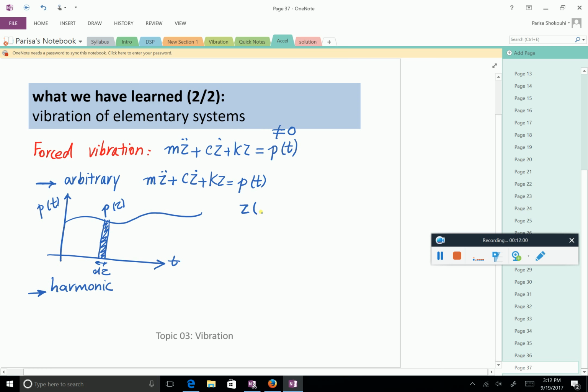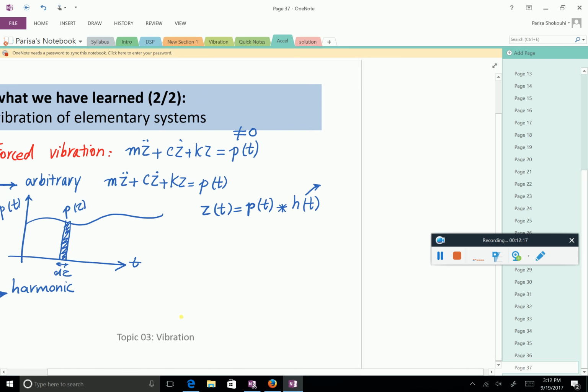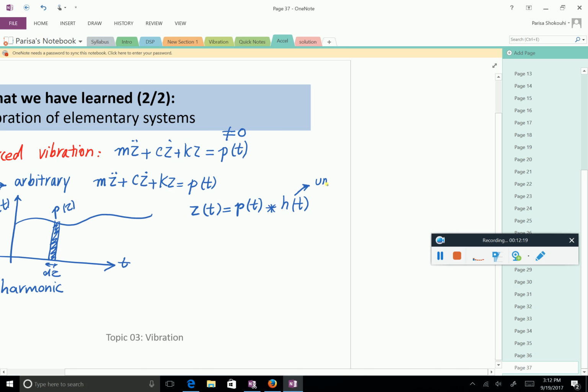So basically the response at the end would be a convolution between your forcing function and the impulse response of your system. And I showed this by H. So this is a unit impulse applied to your system, what would be the response?